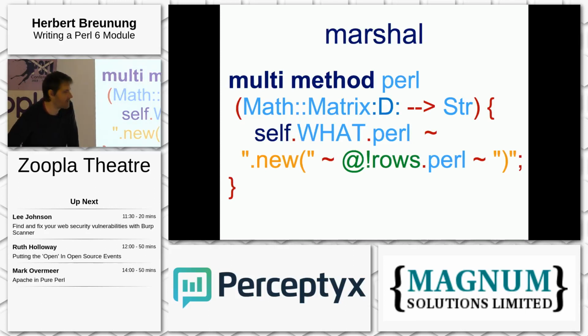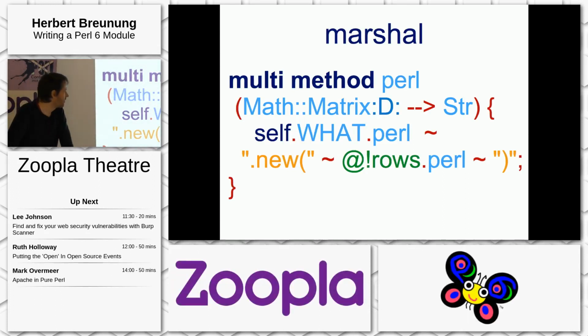In the same way as Perl 6, there are some basic things you just have to provide so people are happy to use your module. And one of them is the Perl method. It's for marshalling. It just means that whatever comes out of this method, you can eval and you get the object back. Yeah? And you should really provide it. And this is really the whole method. There's not much to it.